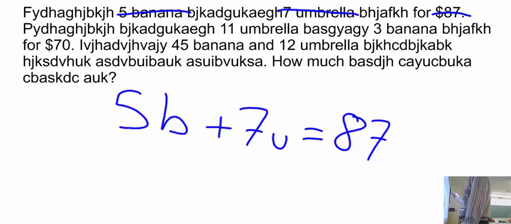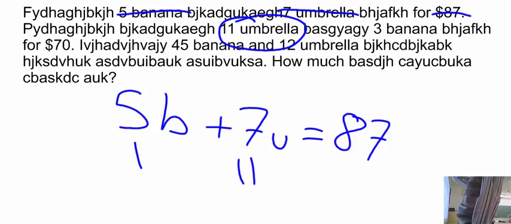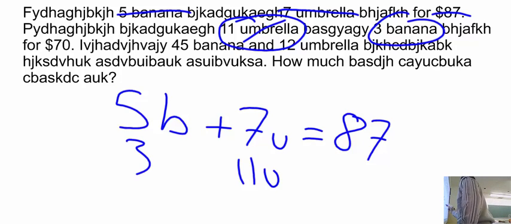Next is 11 umbrella, and that goes down here, not over here. You're gonna place them exactly where they belong. 11 umbrella, and then this is done. Next, 3 banana plus equals, so that's also done.